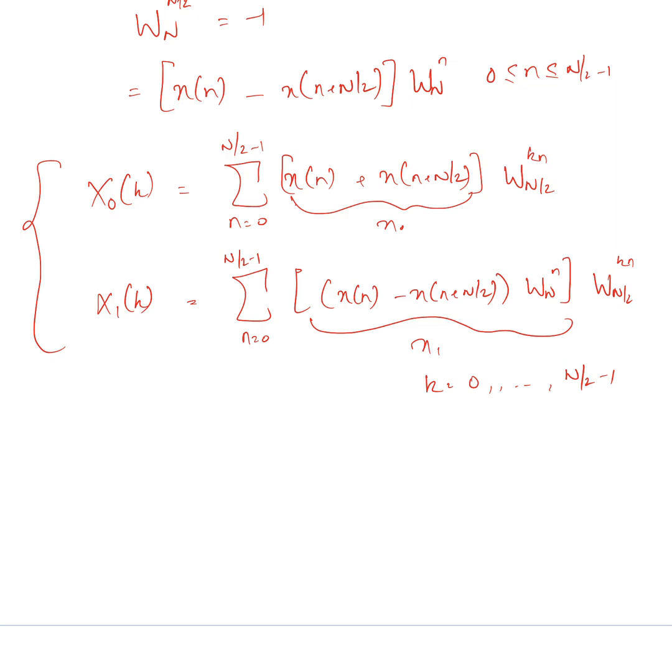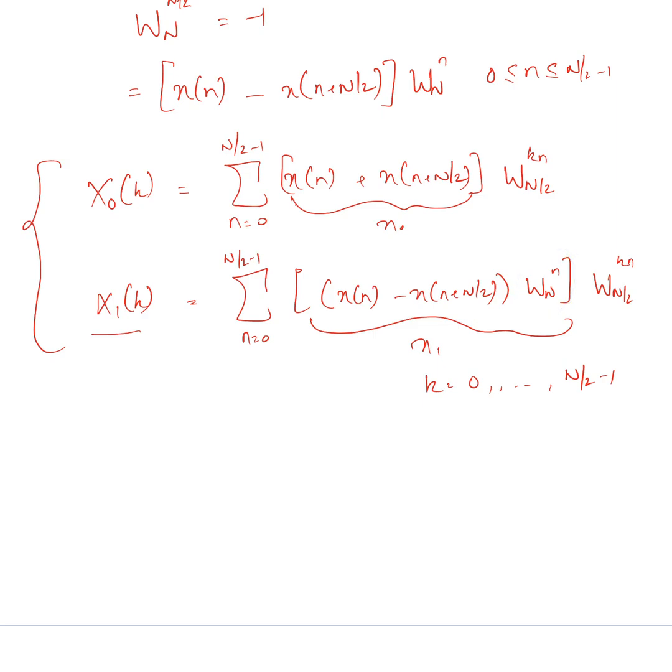right? So here we see that x naught n is obtained by adding the second half of the input sequence to the first half, while the second equation is the n by 2 point DFT of the sequence x1 of n, which is obtained by subtracting the second half of the input sequence from the first half and multiplying the resulting sequence by W_N.